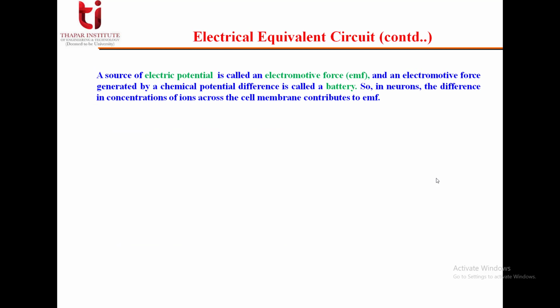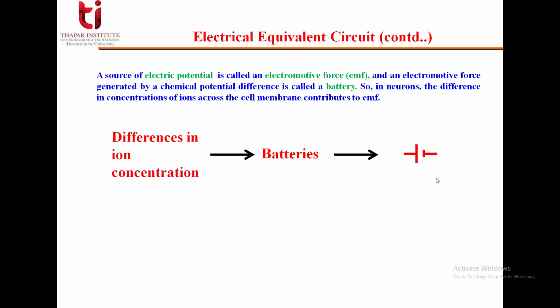An electromotive force generated by a chemical potential difference we call a battery. So in neurons, the difference in concentration of ions across the cell membrane contributes to the EMF, the electromotive force. So we can say that the difference in ion concentrations is equivalent to batteries.